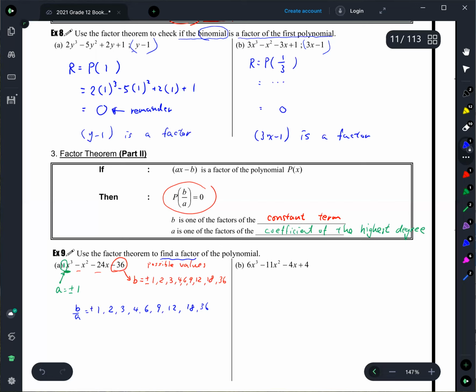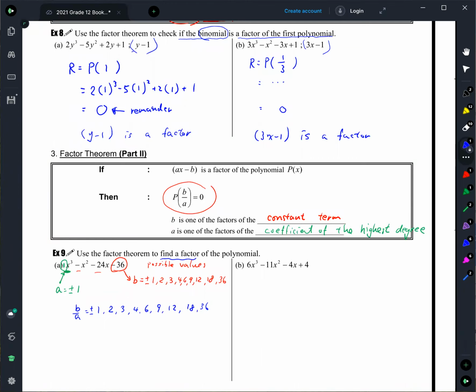And don't forget plus minus. These are the possible numbers that could give you a remainder of 0. Just possible, okay? So you need to do guess and checking.